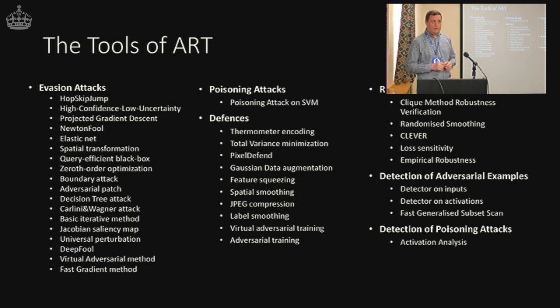When you have a model, you can run these metrics and they will give you an idea how robust the model is against adversarial attacks. And then we also have detection methods. We can detect adversarial samples in the inputs by running detectors on inputs, but also by running detectors on activations of neural networks. And we also have detectors for poisoning attacks, which mainly run an analysis of the activations of a neural network.